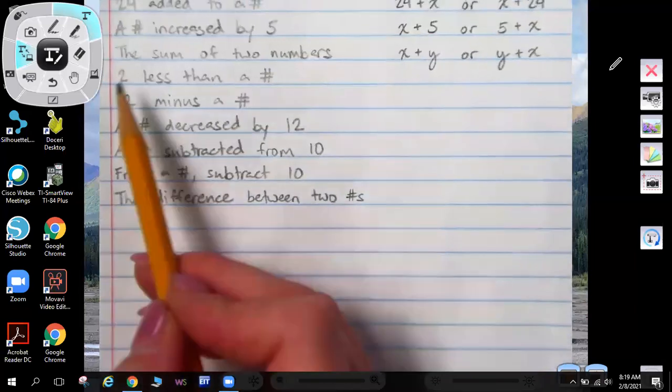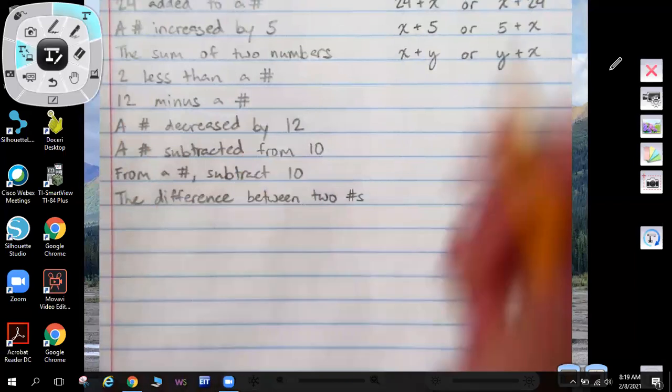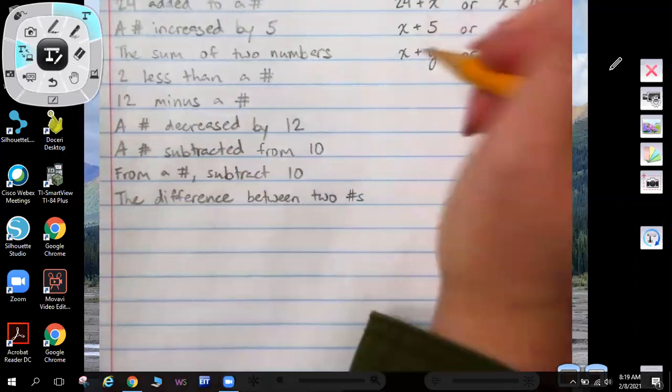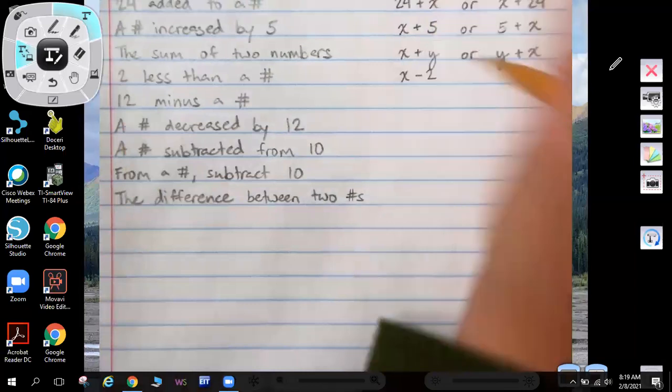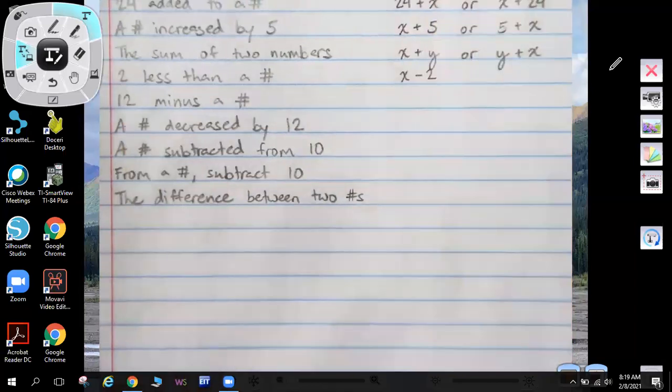Okay, 2 less than a number. So we're starting with a number that we don't know what it is. We'll call it x. 2 less than that number would be x minus 2. So subtracting 2 from some number. Okay, order is very important when you're looking at subtraction.